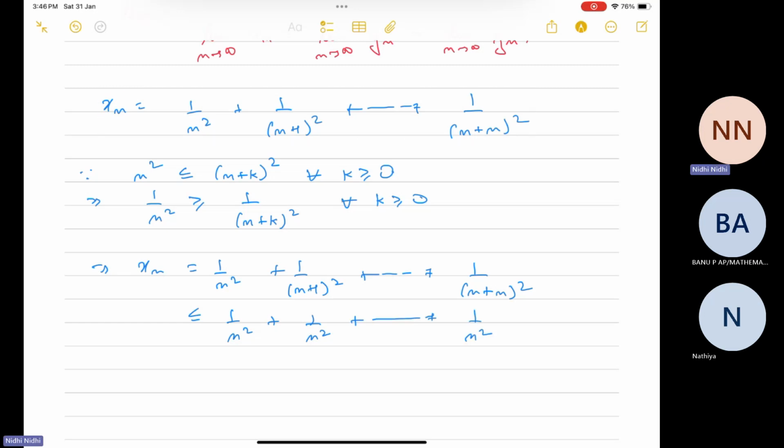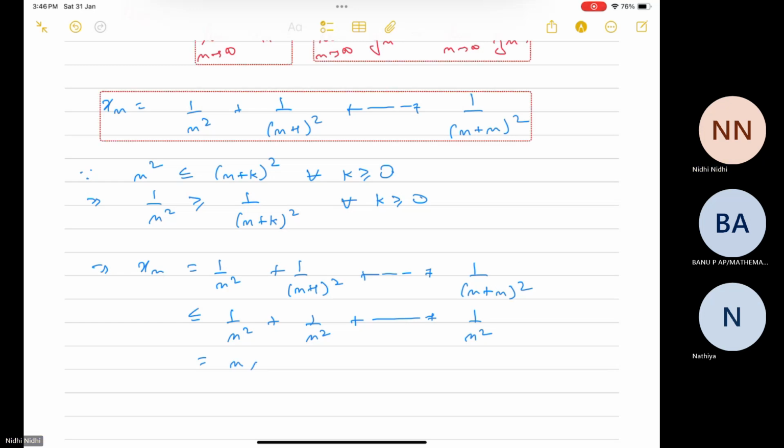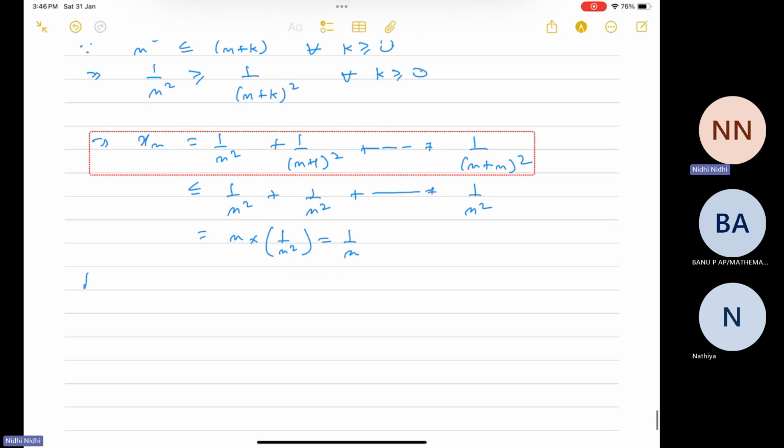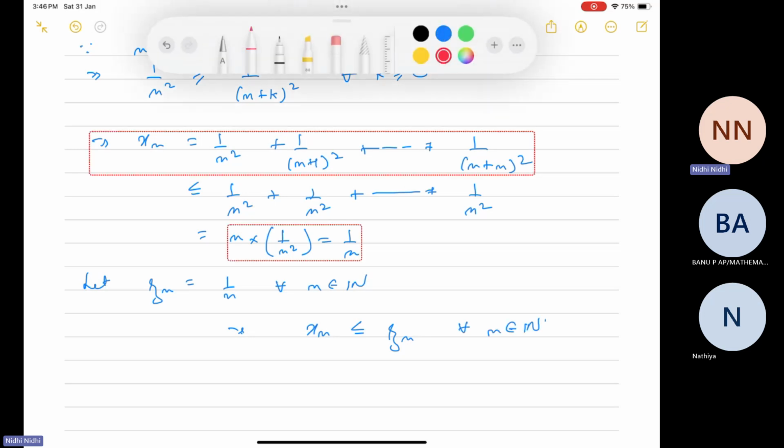So this is n times 1 by n square, which is 1 by n. So from here we got an upper bound. Let the sequence zn be 1 by n for every n in N. So from here we get xn is less than or equal to zn for every n in N. Let's mark this as equation 1.